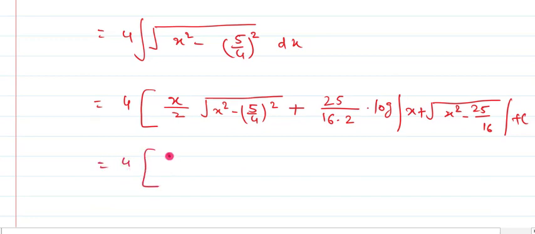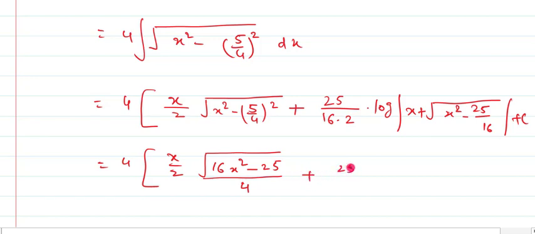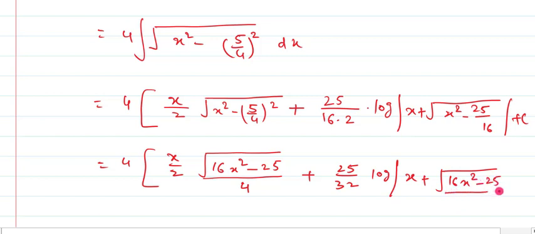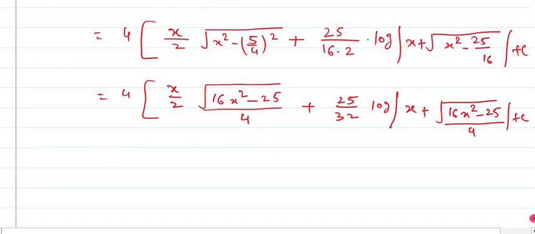So simply we are getting x upon 2 into square root of 16x square minus 25 upon 4, plus 25 upon 32 log x plus square root of 16x square minus 25 upon 4, plus c.